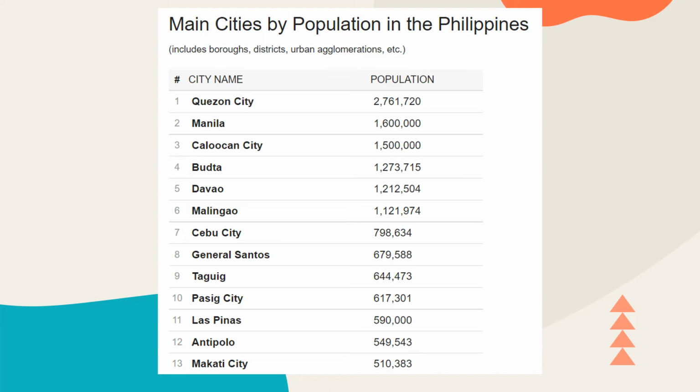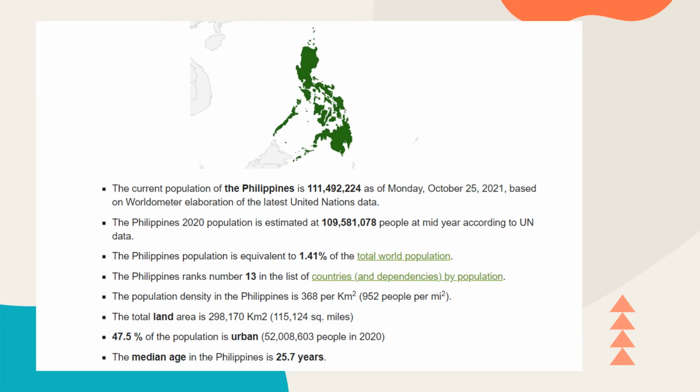The largest cities with large populations in the Philippines are, the top one, Quezon City, and then Manila, Caloocan, Bugtao, Davao, and so on, based on the Worldometer study. The current population in the Philippines is 111,492,224 as of Monday, October 25, based on the Worldometer.